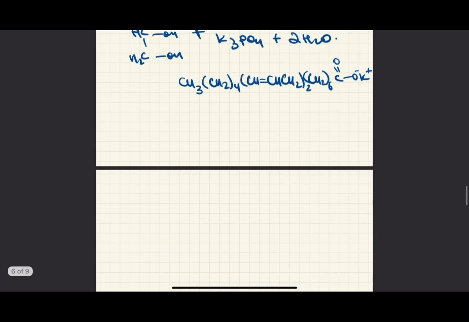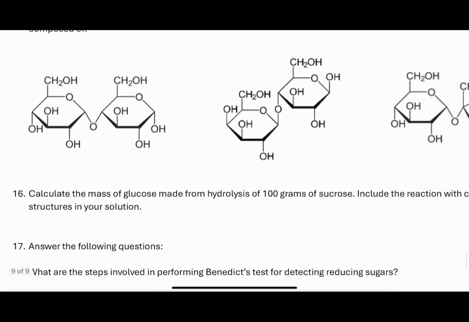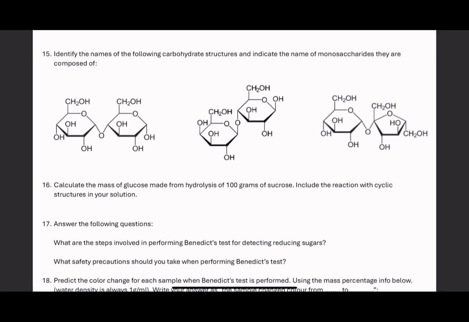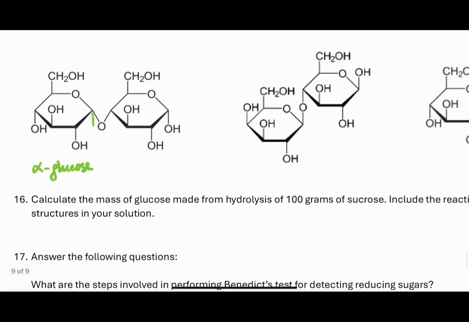Now, that being said, I want to move on to the question in here and then come back to the other ones. So this structure is the combination of the monosaccharides we had. You can see that this one is made from alpha glucose because OH was down here and then they condensed.